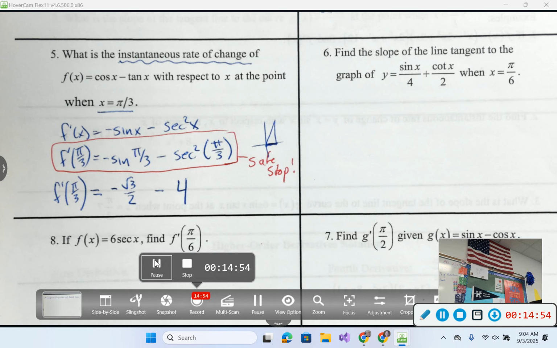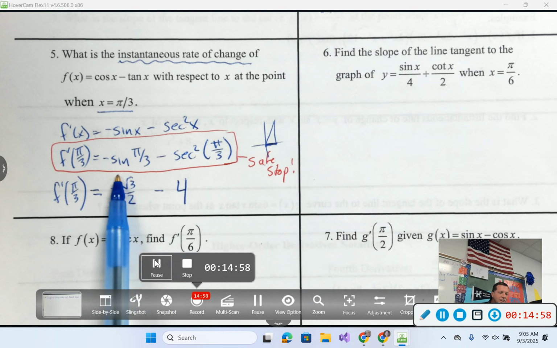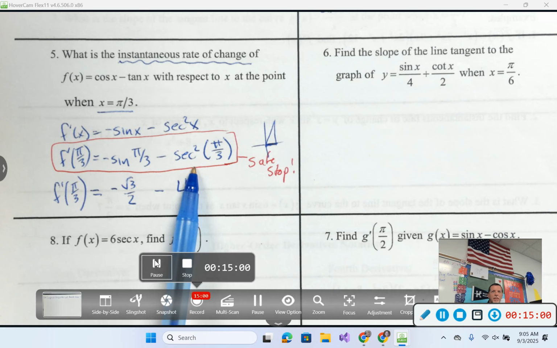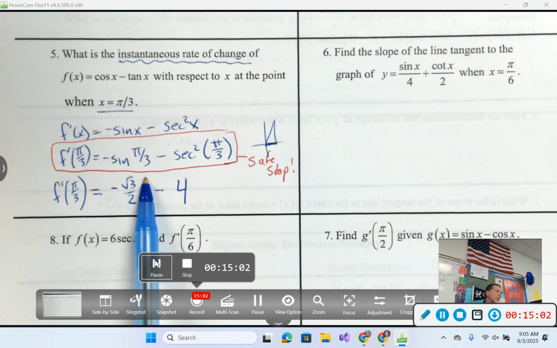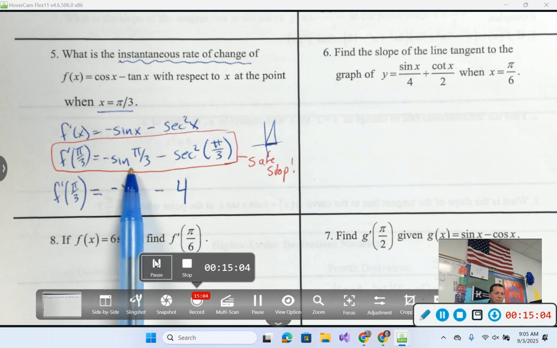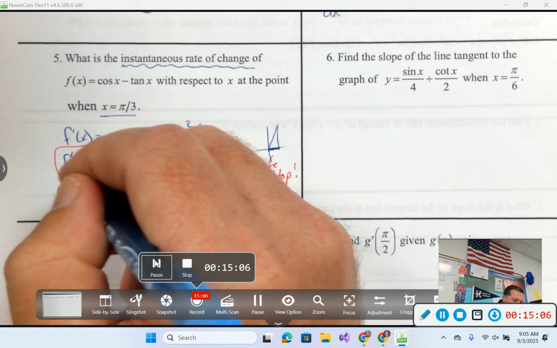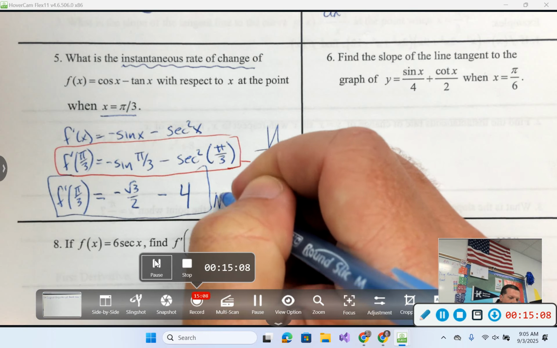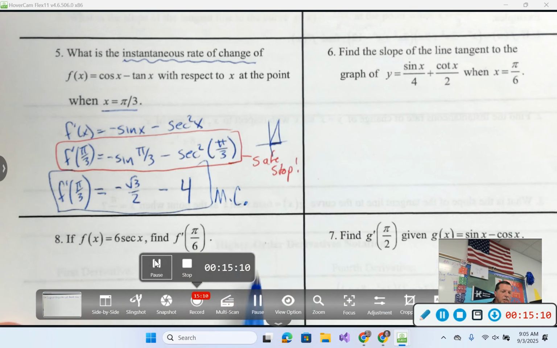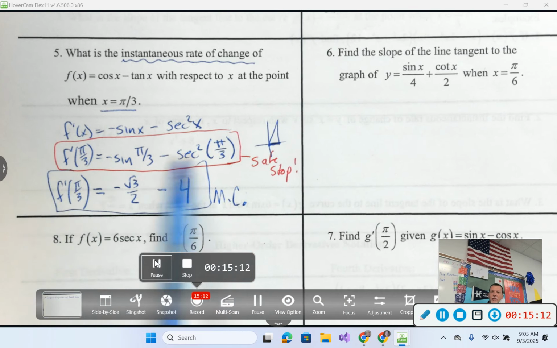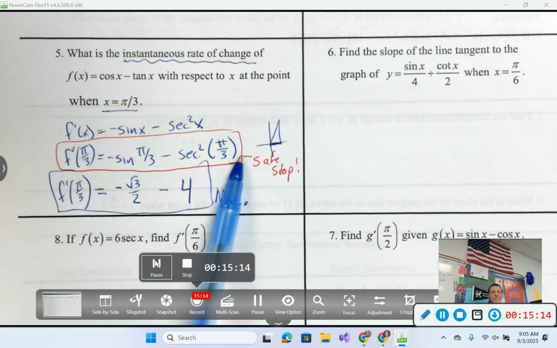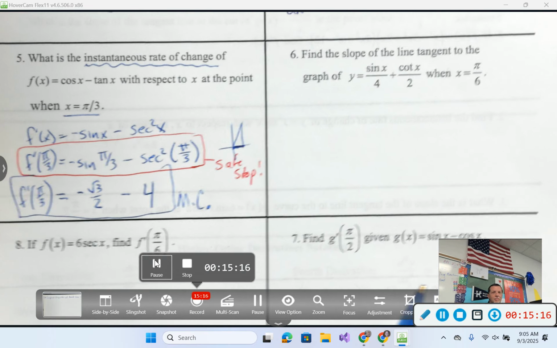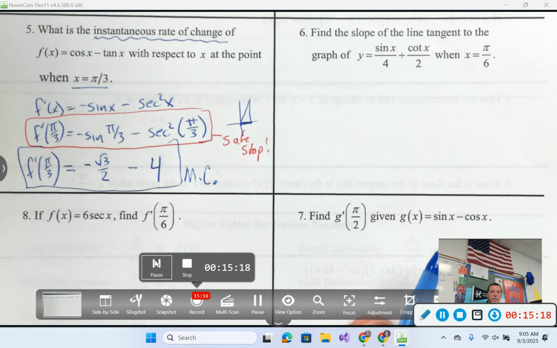It pains me to say that. You can leave it as sine of pi over 3. Most of the time, these simple ones are going to be multiple choice, and they'll give you the simplified answer, so you'll have to know it. But on a free response, it's okay to leave it without evaluating.